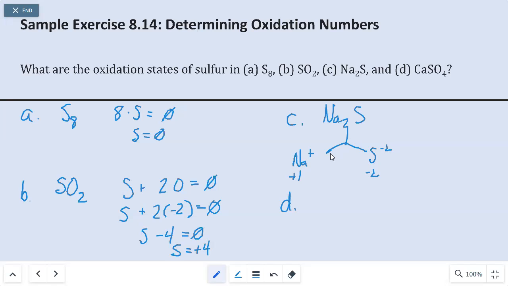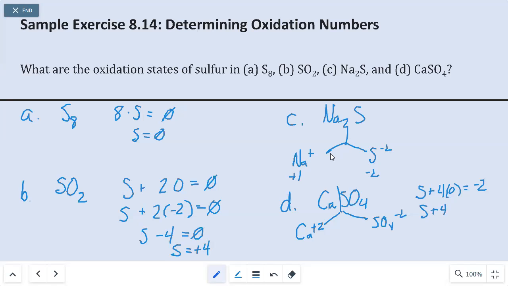Finally, for letter D, calcium sulfate, we need to do the same thing. We got to split the calcium from the sulfate. So the calcium is a +2. The sulfate is a -2. Now we need to do that evaluation. Sulfur plus 4 oxygens is equal to -2.